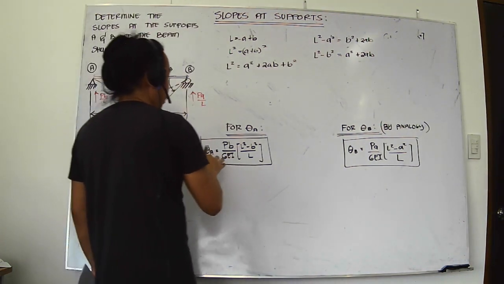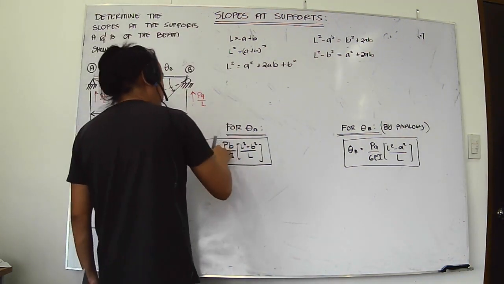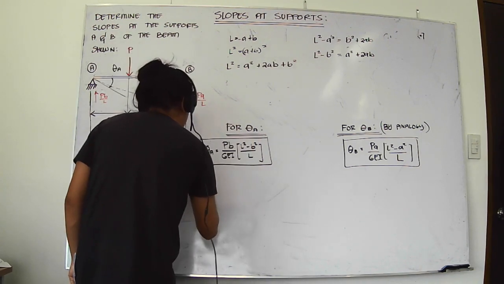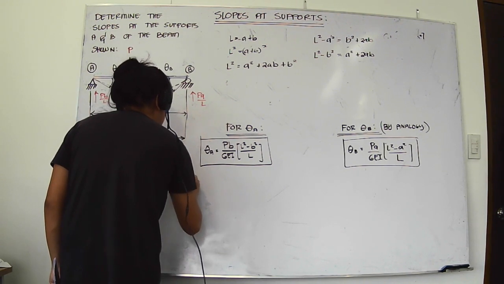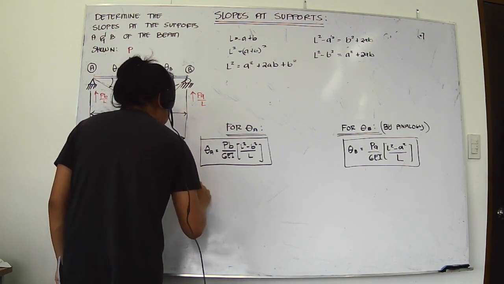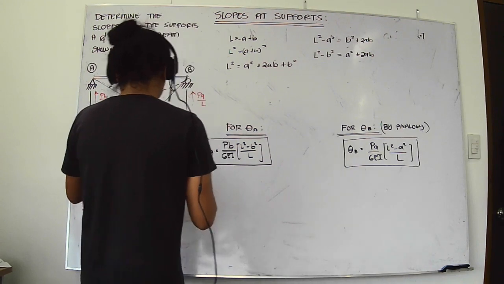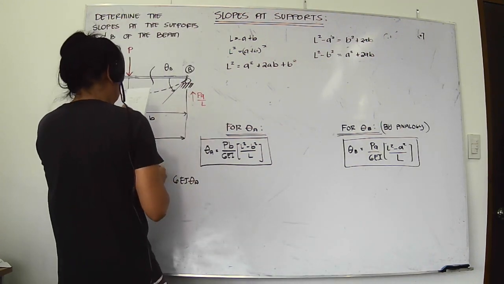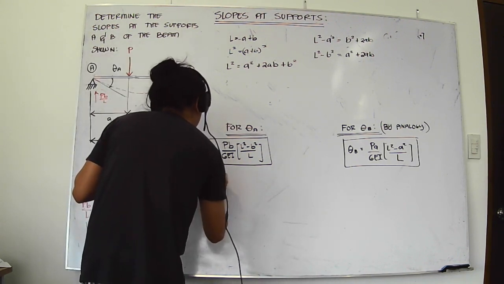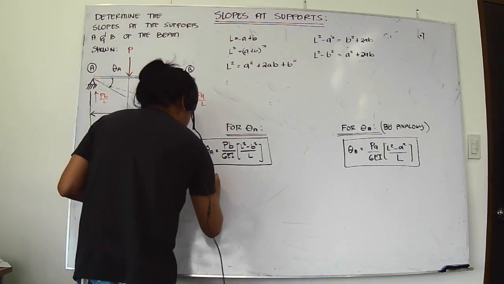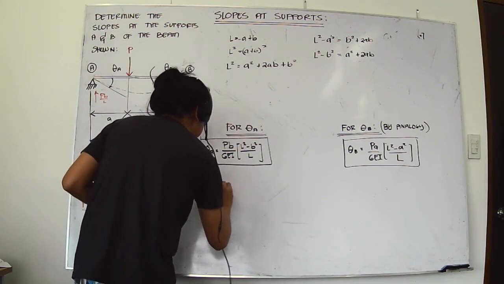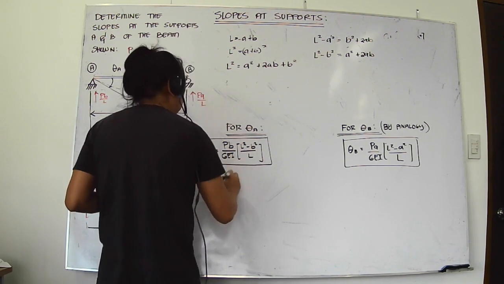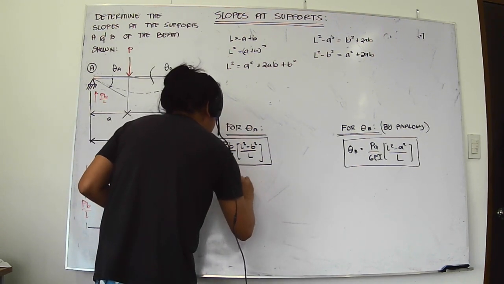Now, in this case, I would like to borrow this and retranspose it, and I will have PB over L multiplied by L squared minus B squared.